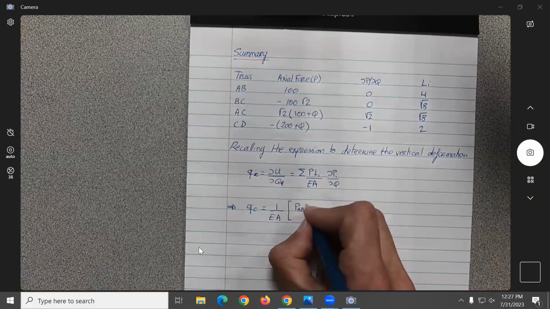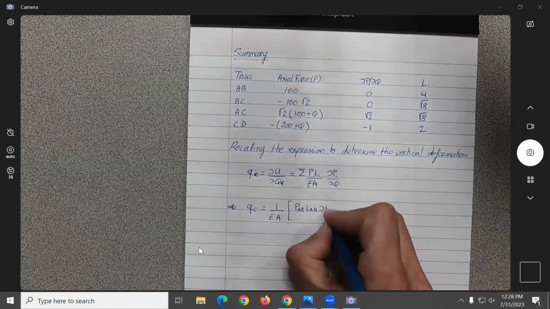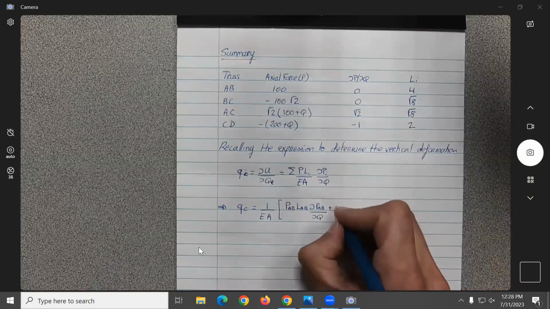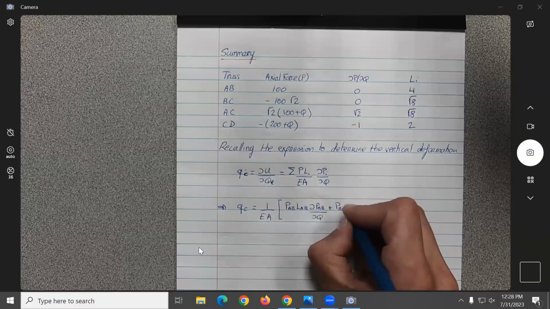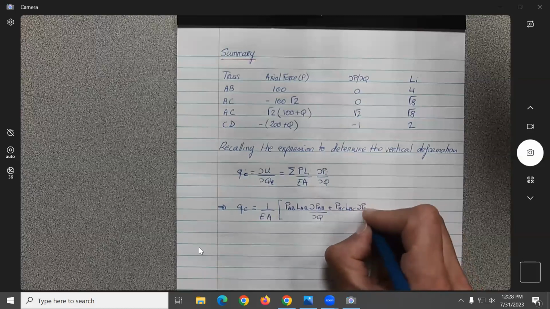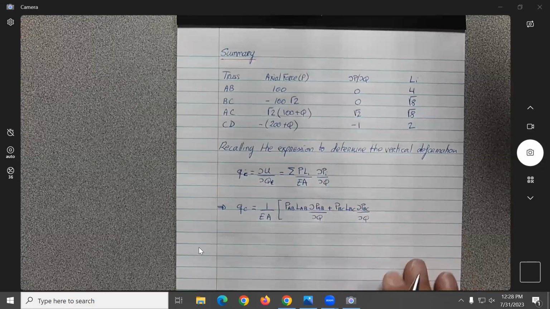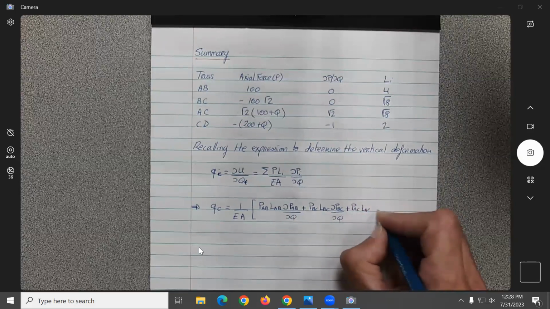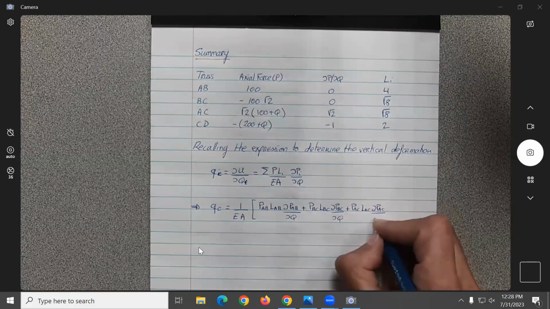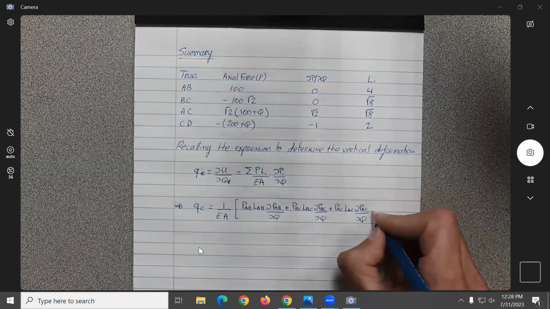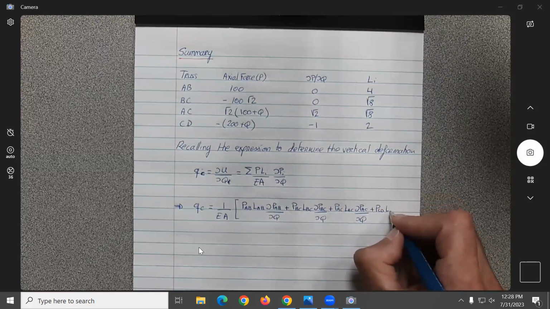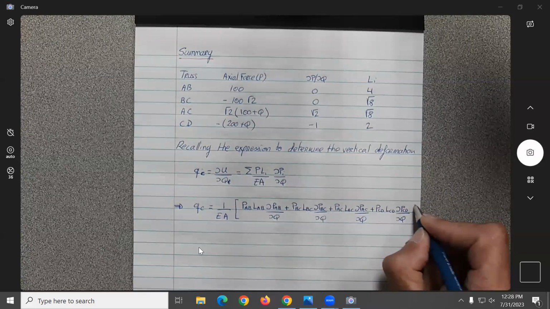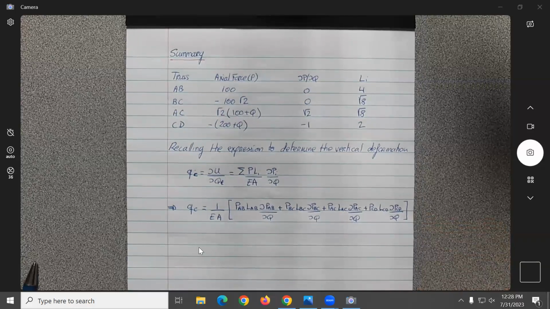PAB, LAB, times partial of PAB with respect to Q, plus PBC, LBC, partial of PBC with respect to Q, plus PAC, LAC, partial of PAC with respect to Q, plus PCD, LCD, partial of PCD with respect to Q. Okay?